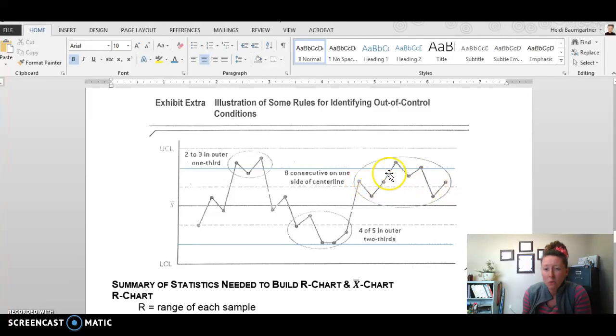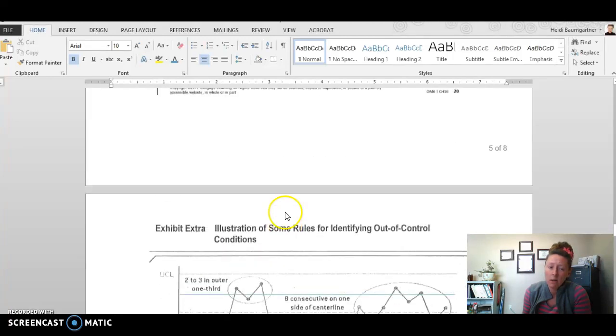So of the 5, we've got 4 that are out of control. Likewise, in the lower 2/3, 1, 2, 3, 4, 5, 4 of these are in the outer 2/3. So again, out of control. You're seeing an out of control process or conditions that are existing here.